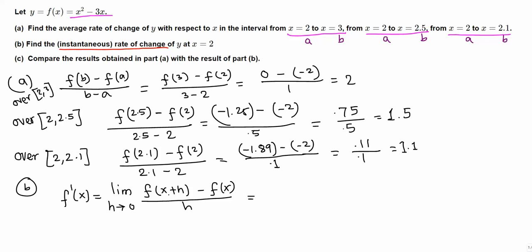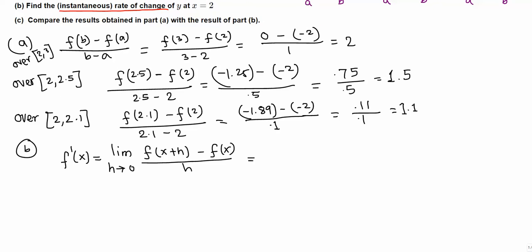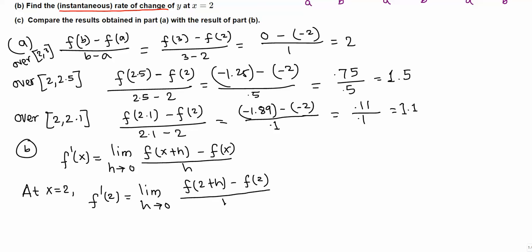At x equals 2, f prime of 2 is given by this limit: f(2 plus h) minus f(2) over h.